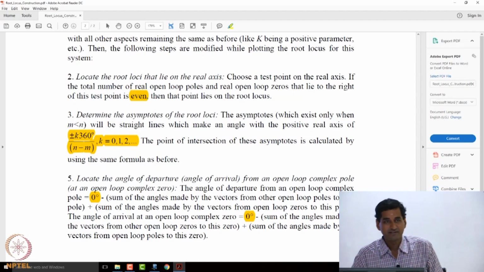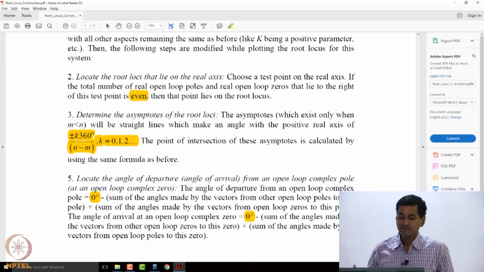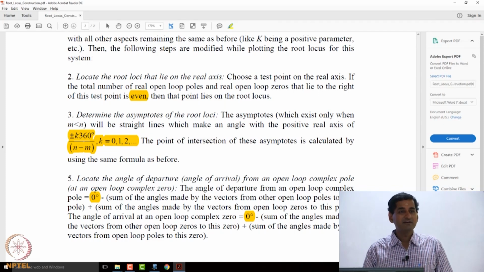That's what we want there. So you see that the angle of departure and angle of arrival step has changed, to incorporate the change in the angle condition, which has come about due to the fact that we have positive feedback instead of negative feedback.